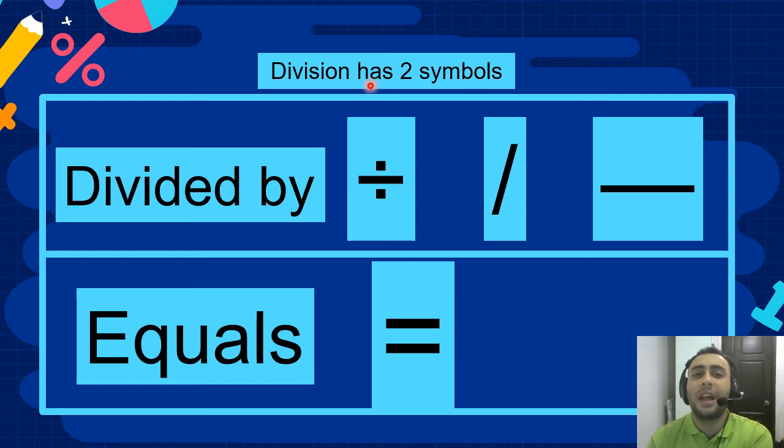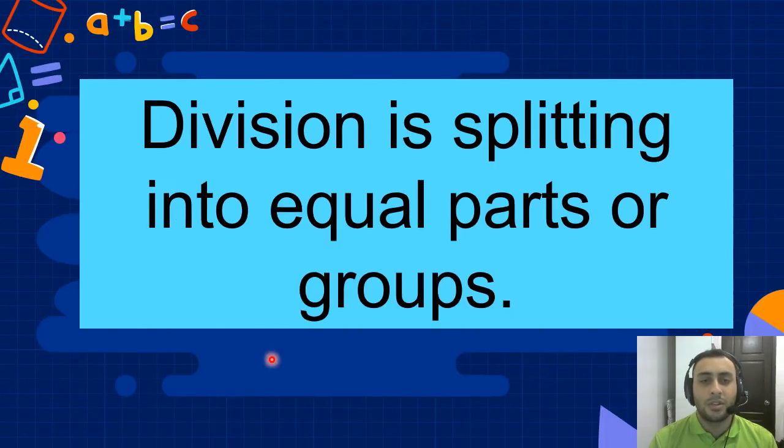Now, division has 2 or 3 symbols that we need to learn about. First is divided by, which is like this, or like this, or like this. And equals. So, division is about splitting into equal parts or groups.